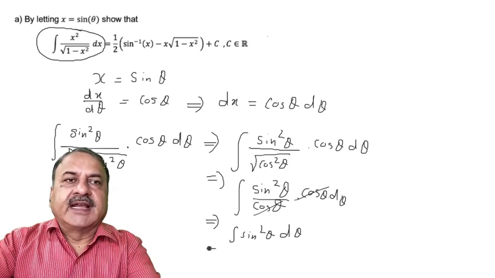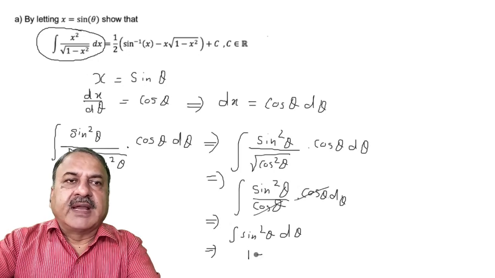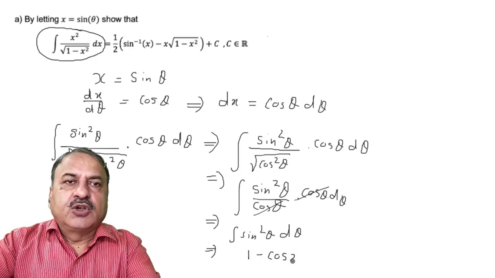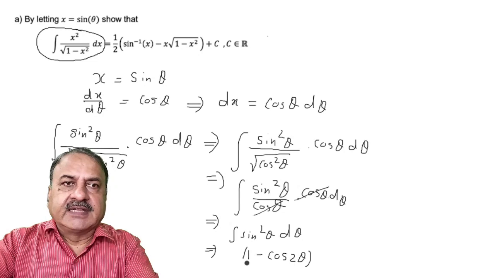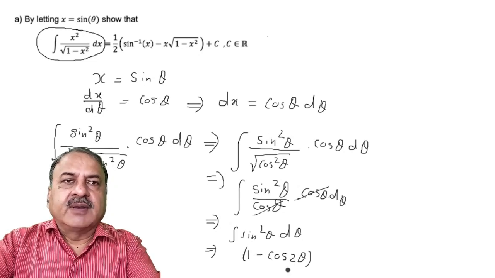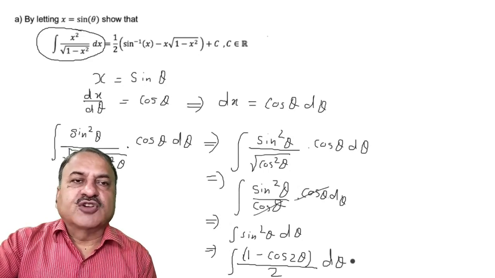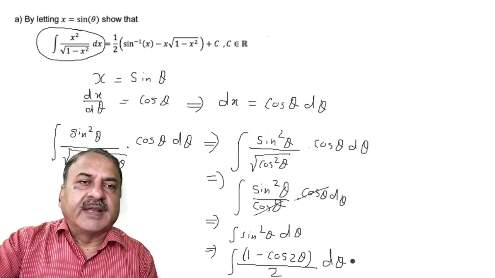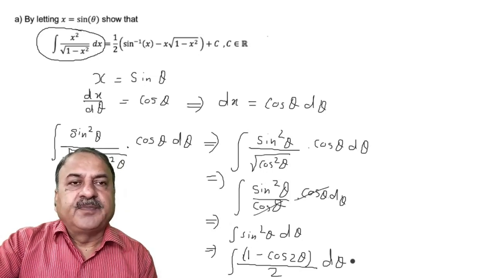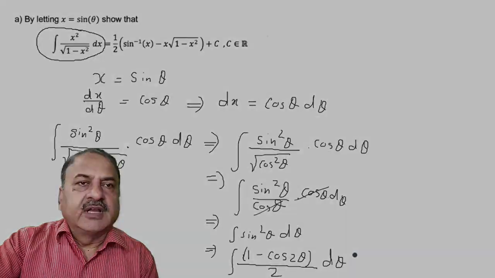It can be written as 1 minus cos 2 theta upon 2. It is a double angle identity. So we got 1 minus cos 2 theta divided by 2.